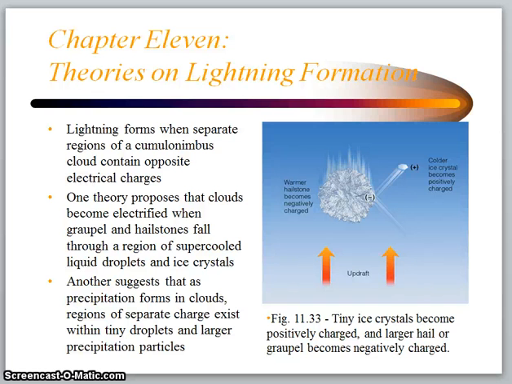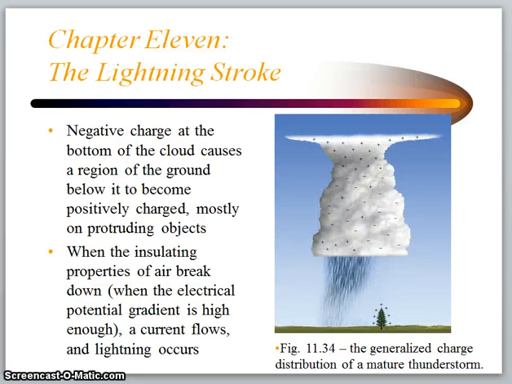There are many theories about lightning formation. It forms when separate regions of a thundercloud or cumulonimbus cloud contain opposite electrical charges. One theory proposes that clouds become electrified when graupel, meaning ice pellets, and hailstones fall through a region of supercooled liquid droplets and ice crystals in the cloud. Another theory suggests that as precipitation forms in clouds, regions of separate charge exist within tiny droplets and larger precipitation particles. So there are a couple of ways that scientists understand how lightning can form.